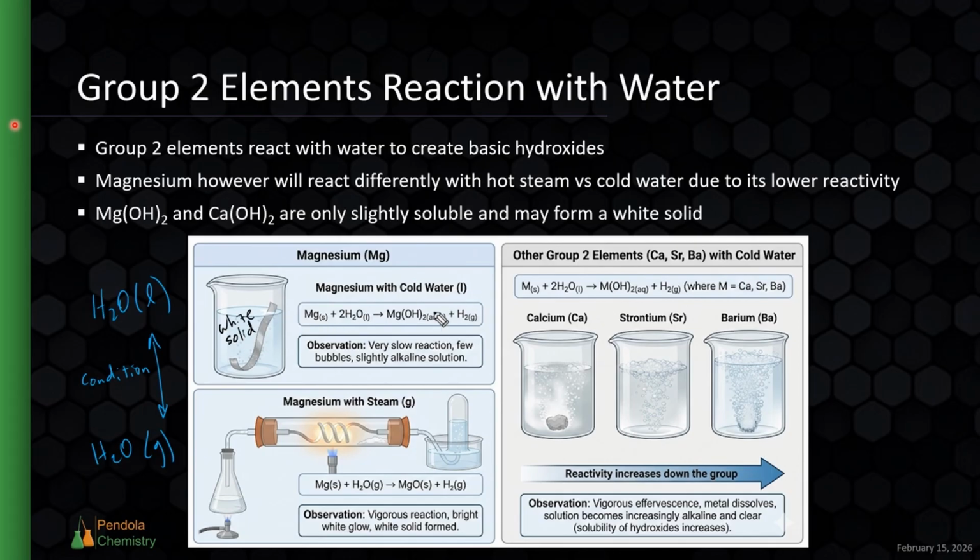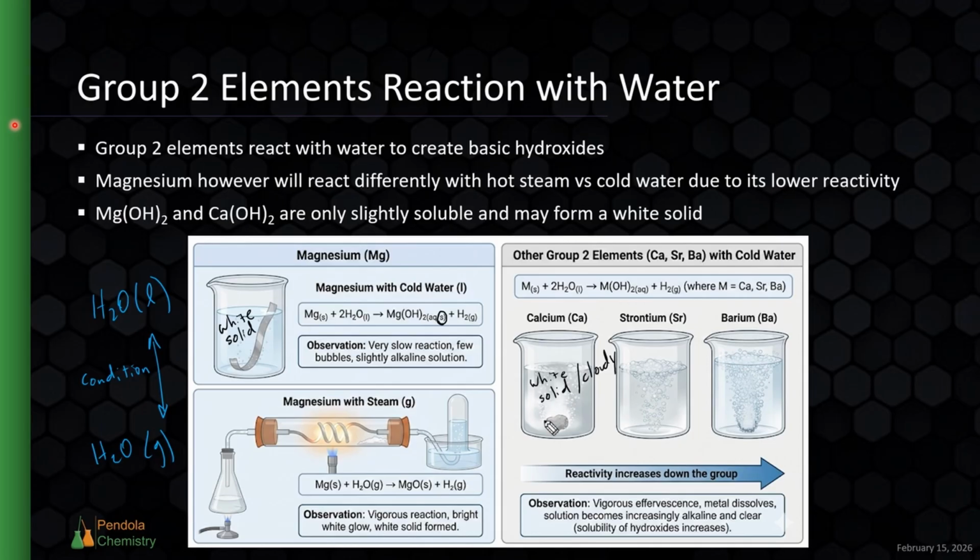Mainly with magnesium we will definitely have that solid being created. With calcium, if there's enough calcium, if it's concentrated enough, we'll also get a white solid. Or sometimes what we will say is that it will turn cloudy, as the solid starts to float around. You can see that white solid here in the picture.